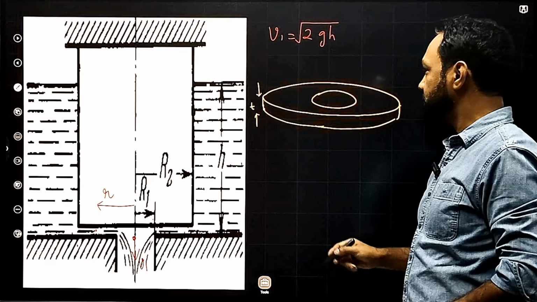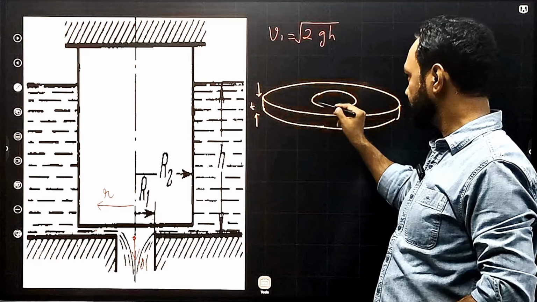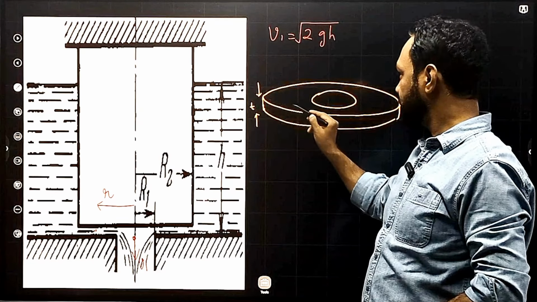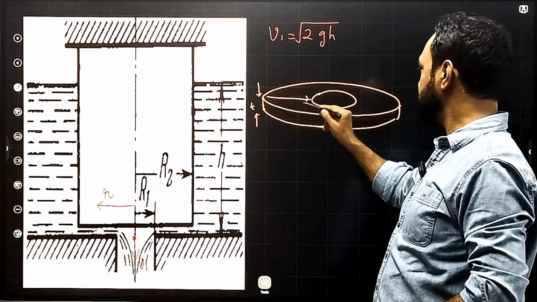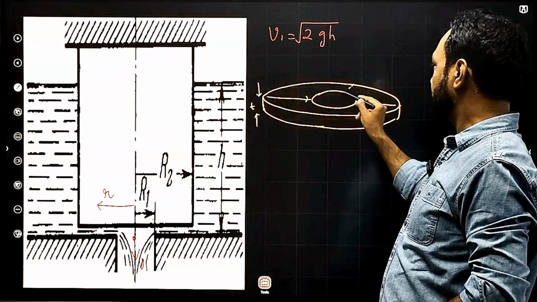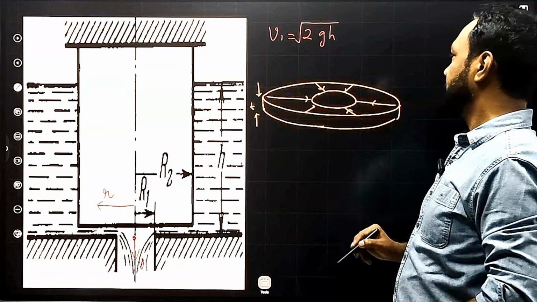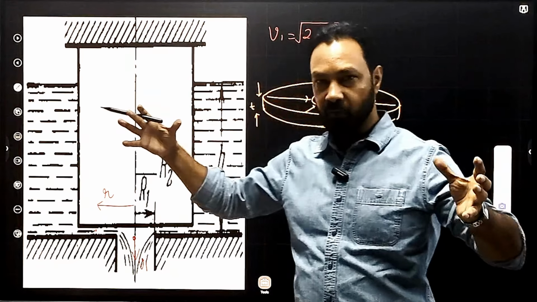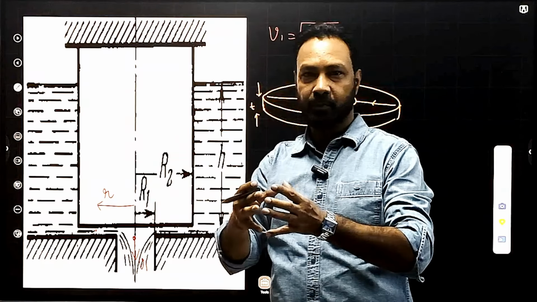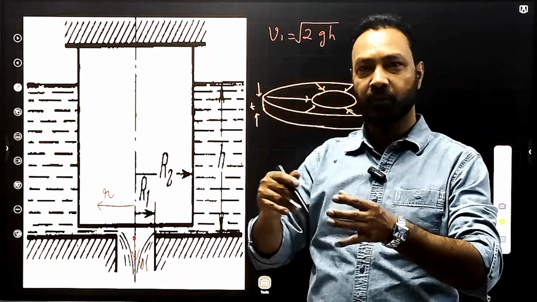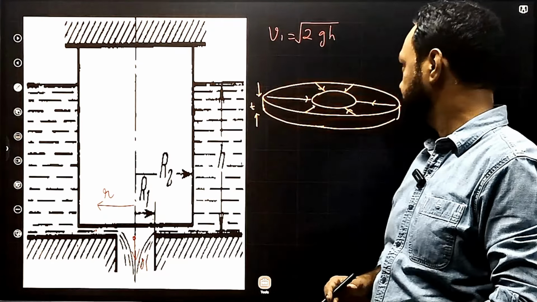So from the clearance, the fluid flows, and from here the fluid goes in the downward direction. So fluid flows in the radial direction, like this. So inside the clearance, the fluid flows in the radially inward direction. And when it goes down, the radius has come down from R2 to R1.